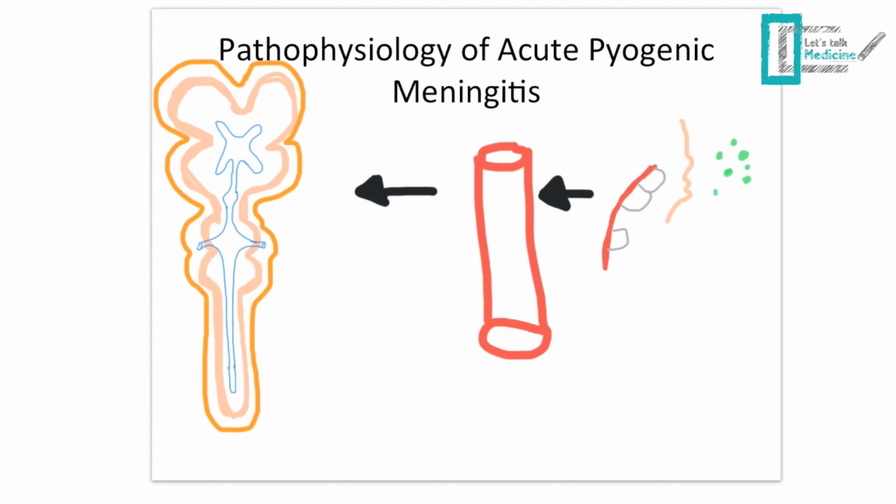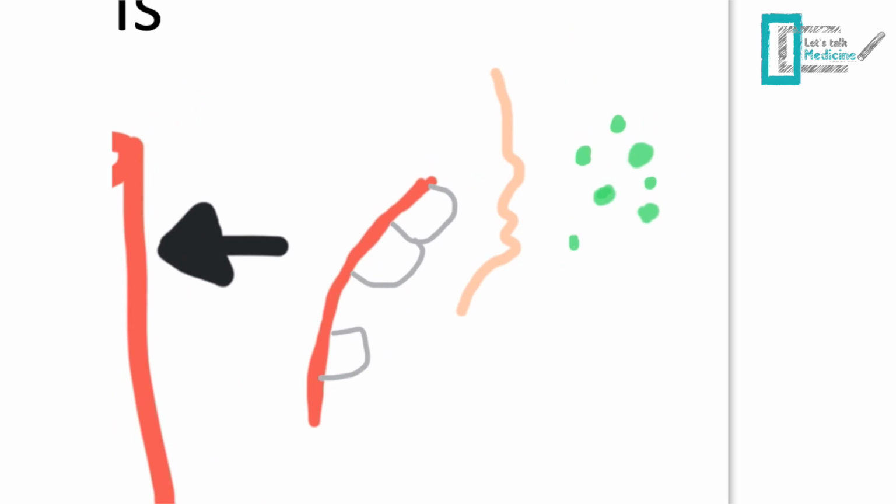As you can see here, we have the teeny tiny organisms. Those organisms will go into the upper respiratory tract and infect. Different organisms have different routes. For example, Neisseria meningitidis attaches through fimbria and then goes transcellularly.